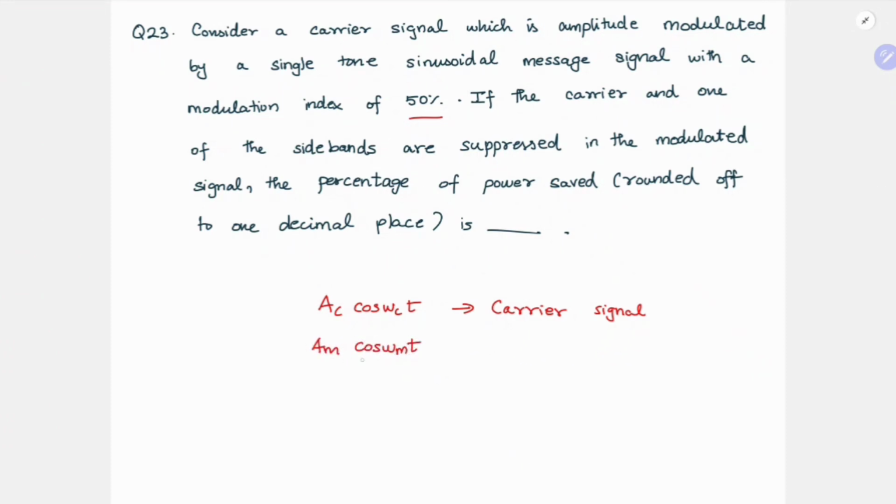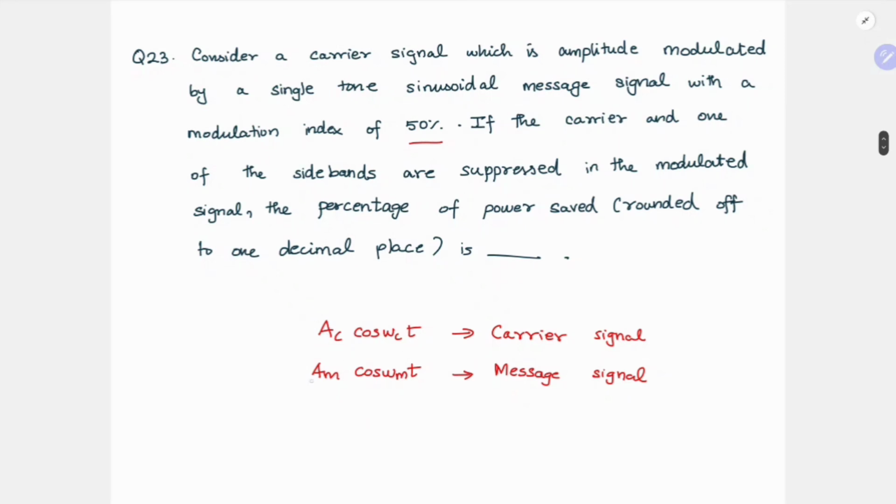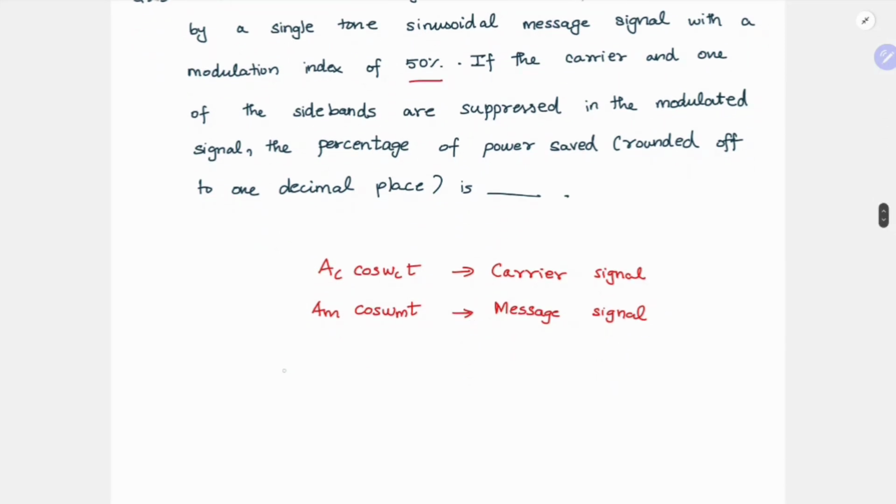So let us for now assume it is A_M cos omega_m t, and this is your message signal. Now your carrier amplitude is getting modulated with this. So what will be your modulated signal? Let me call it S of t. This is (A_C + A_M cos omega_m t) into cos omega_c t.